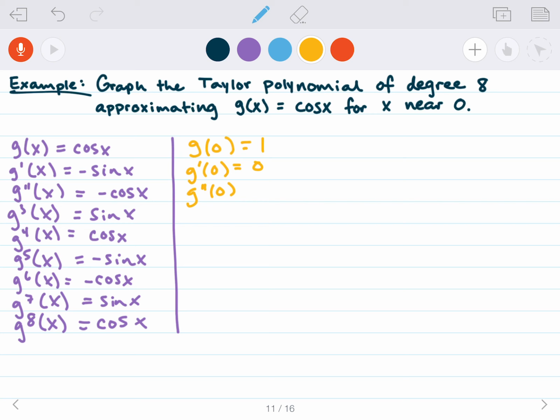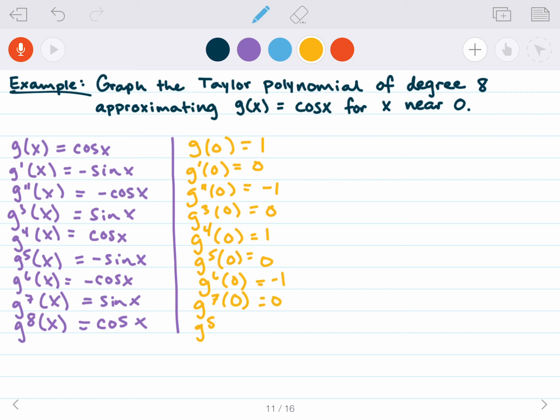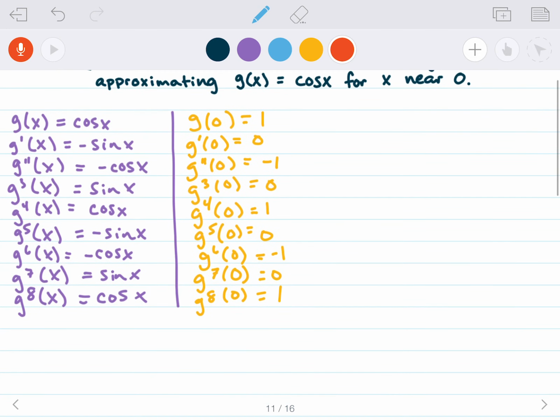Just plugging in 0 into all these derivatives to see what I get out. All right, that was a lot of work. Okay, so now I'm going to use my definition to figure out what the 8th degree polynomial is.